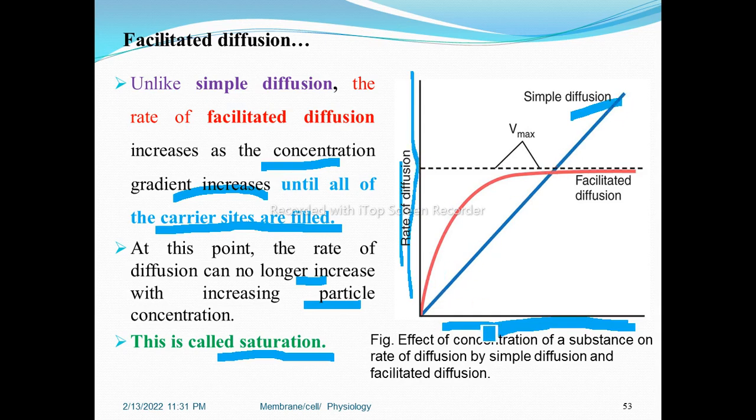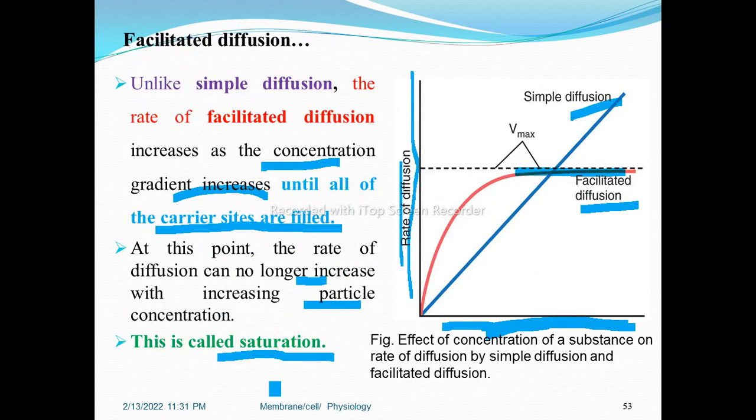As this increases, it will increase. So simple diffusion is this. But in facilitated diffusion, as concentration difference increases, the rate of diffusion increases up to a certain limit, Vmax, meaning until carrier sites are filled. After that, there is no increase in diffusion, so it will be uniform. This is for facilitated diffusion. This is for simple diffusion.